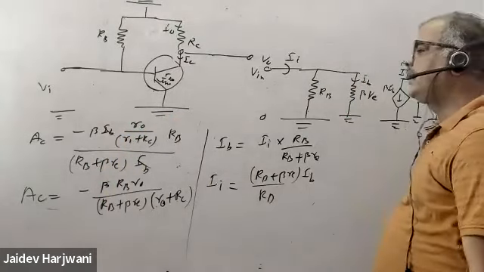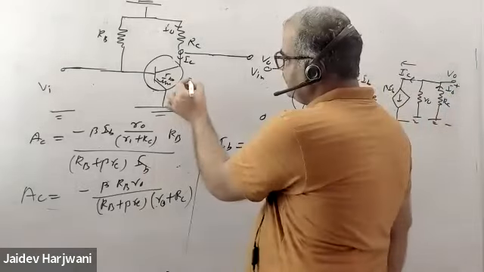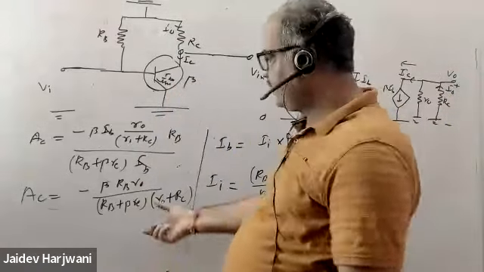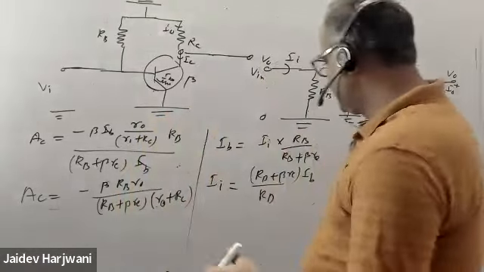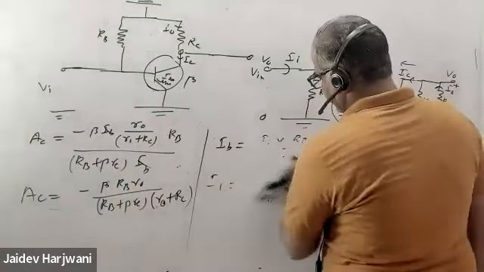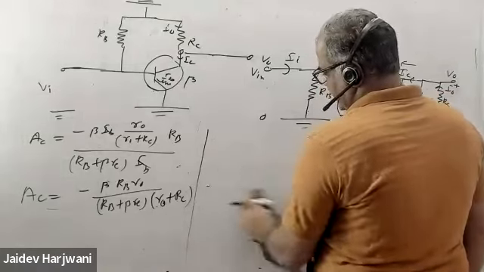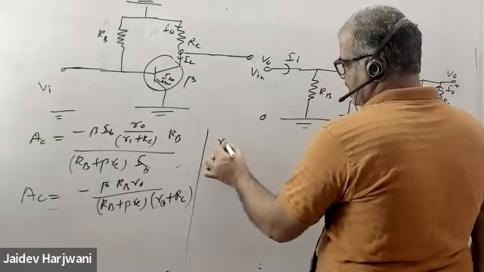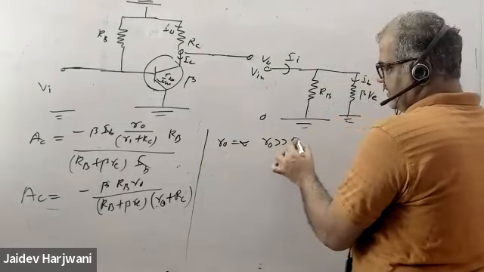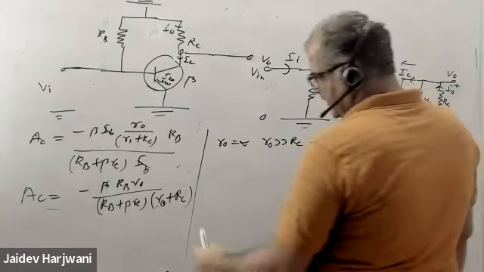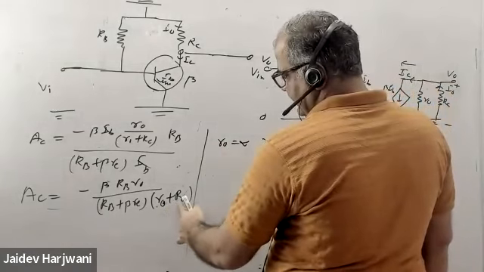Now we know the current gain in common emitter configuration is beta. So this should be almost equal to beta, isn't it? So if you do some approximation, if you say R naught is infinite, or R naught is very much greater than RC, then the term RC will be negligible.